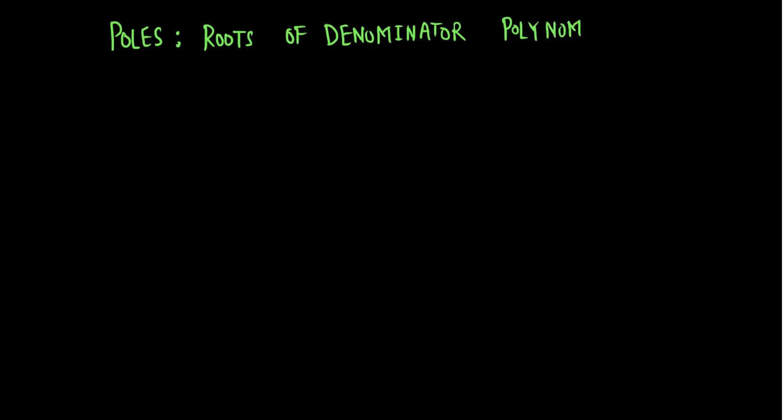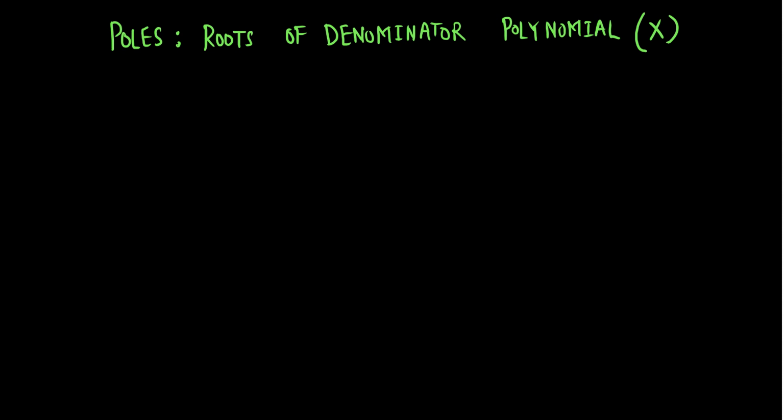Poles are the roots of the denominator polynomial, and they are indicated by these crosses.